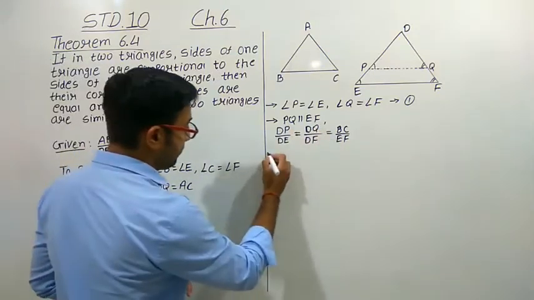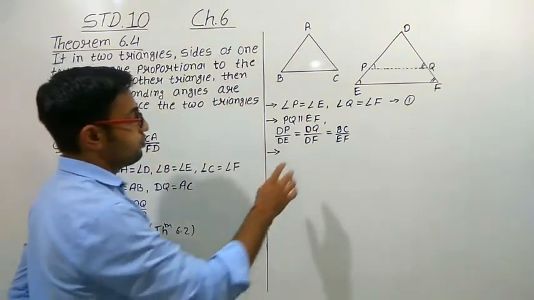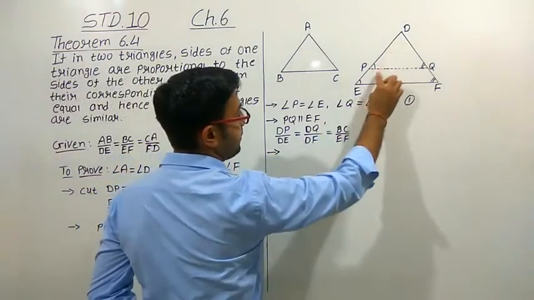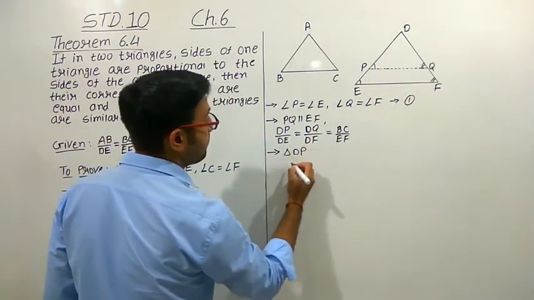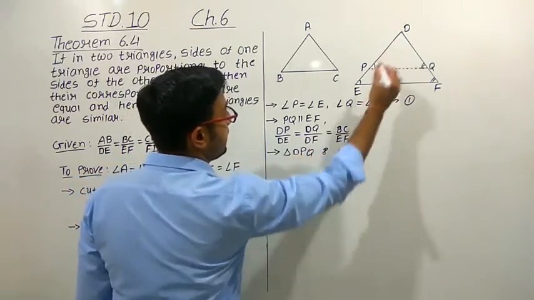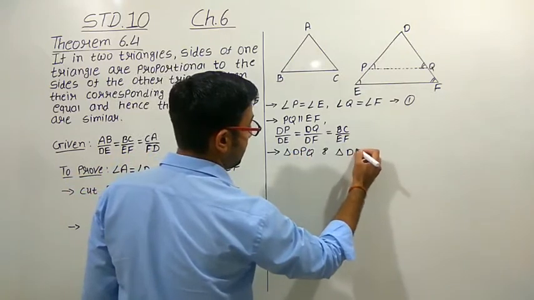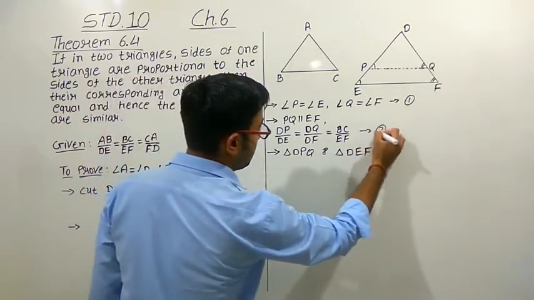Okay. Now, as we know that the two triangles, triangle DPQ, and second triangle DEF. Okay, let us give it the result number 2.